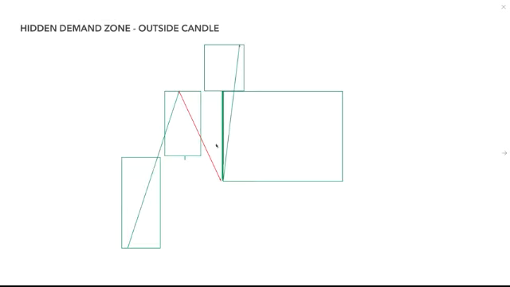So this represents higher highs and higher lows. So we draw the demand zone from the outside candle's open price to the swing low. And this whole area here is what is considered hidden demand.